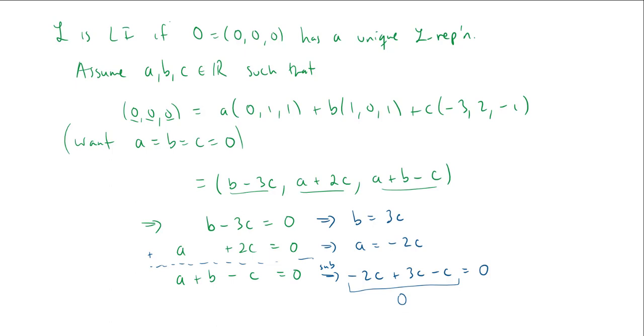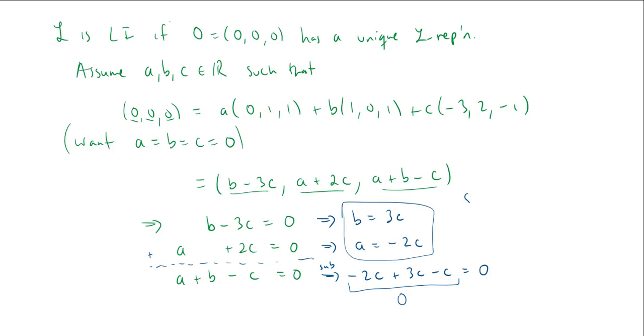Notice A would go to A, B would go to B, and negative 3C plus 2C is negative C. So actually, this third equation didn't tell us anything new. It's not actually a restriction. So what that means is that I can write down an infinite number of solutions, and all they have to do is satisfy these top two equations. I can pick any C I like.